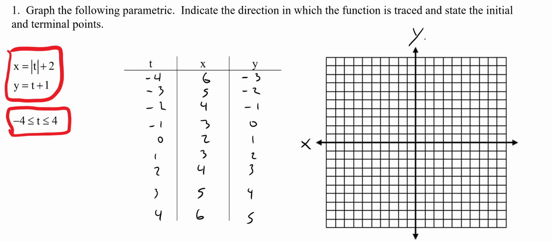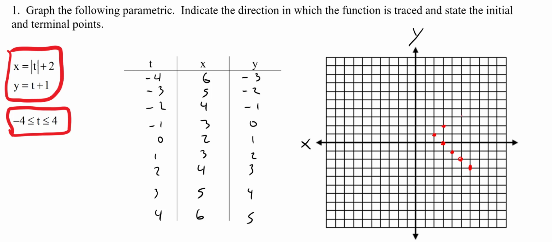Let's go ahead and do that. I'm going to do it in a different color so we can see it easily. 1, 2, 3, 4, 5, 6. The points are (6, -3), (5, -2), (4, -1), (3, 0), (2, 1), (3, 2).